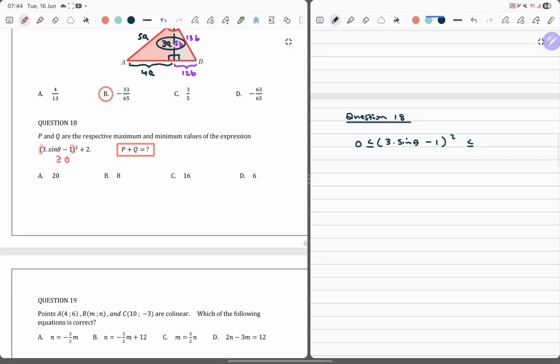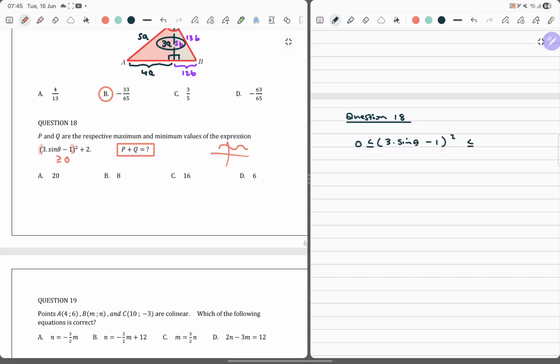The reason you know that is less than or equal to something is because this is a function on a Cartesian plane. A sine function has a maximum and minimum, so this is going to be oscillating between some values, right? And the 2 is the 2 there. So that's why we know it's going to be less than something but greater than something.